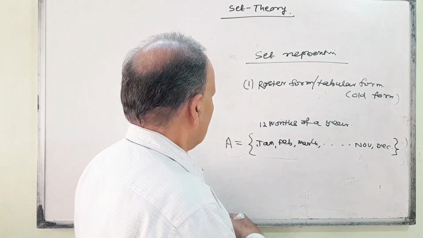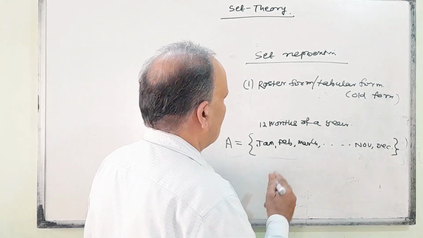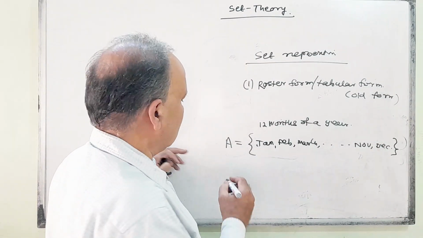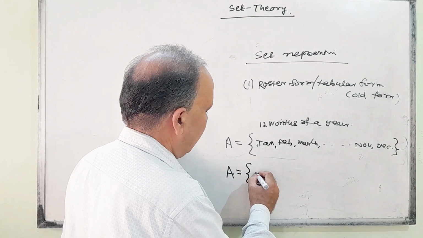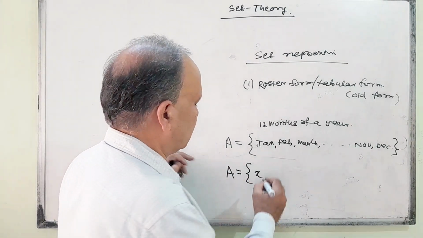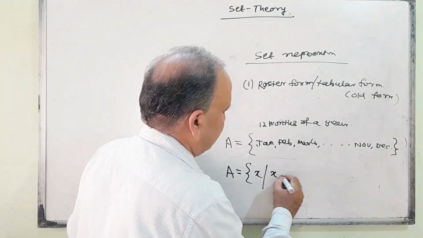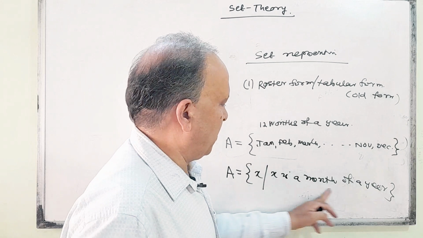How can you write? Suppose A is equal to January, February, March, up to November, December. A question will come, write it in set builder form. You write like this: A is equal to, x such that, x is a month of a year. This is the defining property.